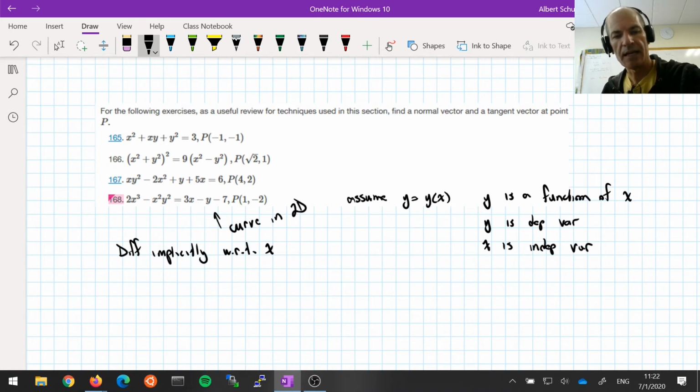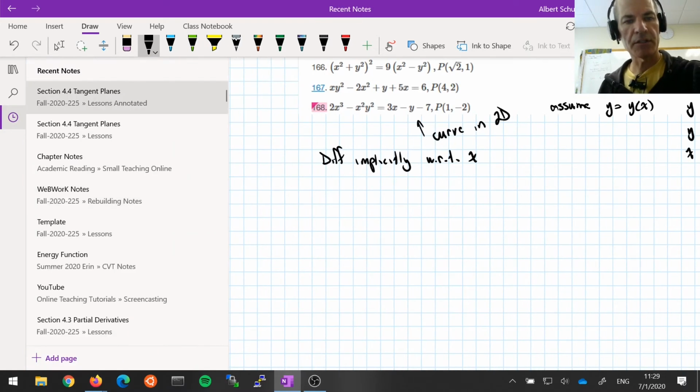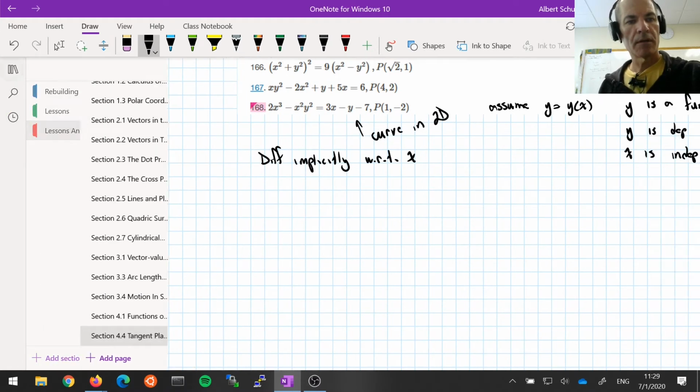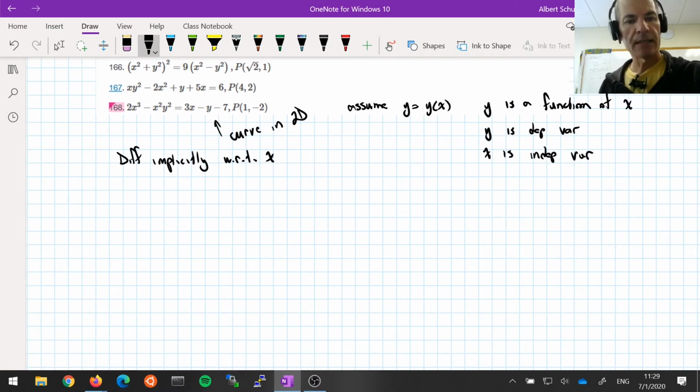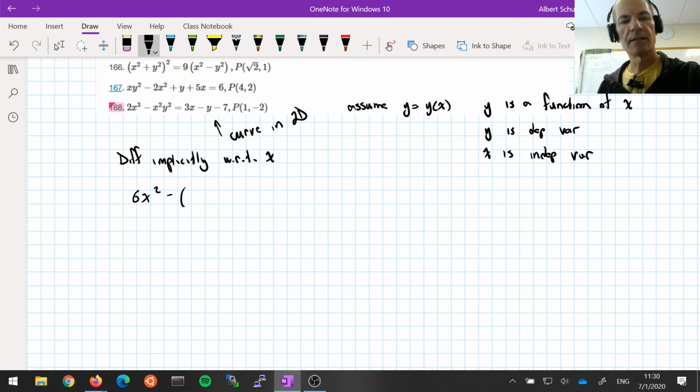So we have the derivative of the first term with respect to x is going to be, perils of being left-handed, 6x squared minus, now we've got x squared times y squared, and these are both functions of x because over here we assumed that y was also a function of x. So that means we have to apply the product rule. I'm just reminding you about implicit differentiation.